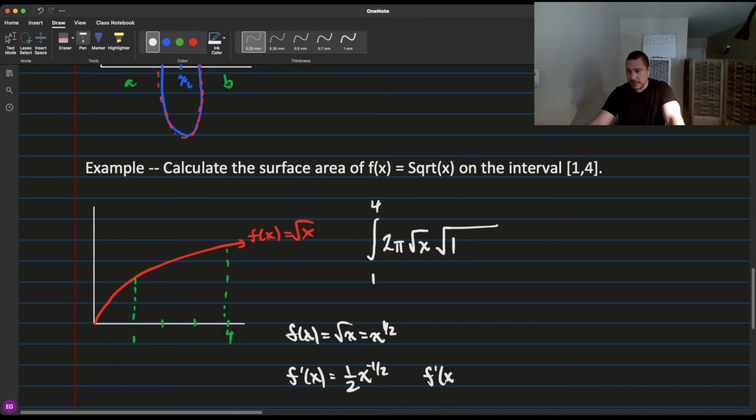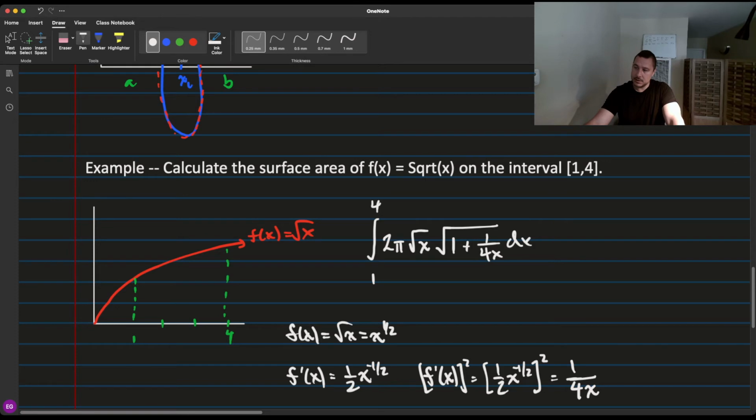So f prime quantity squared is going to be 1/2 x to the minus 1/2 squared, which will be 1/4, 1 over 4x. So you get 1 plus 1 over 4x dx.